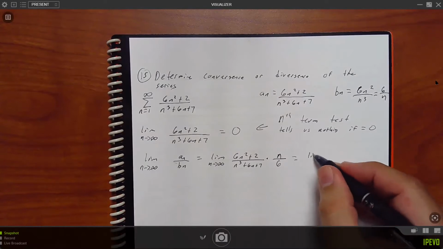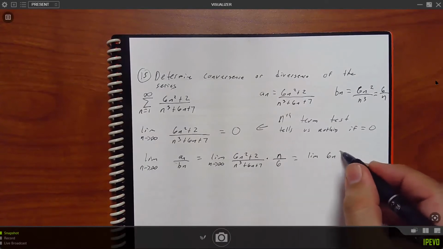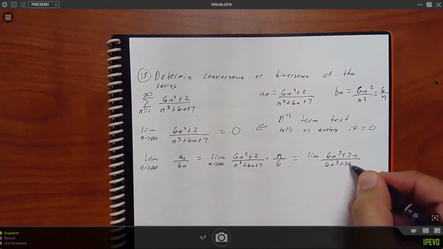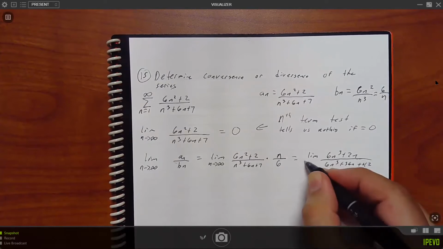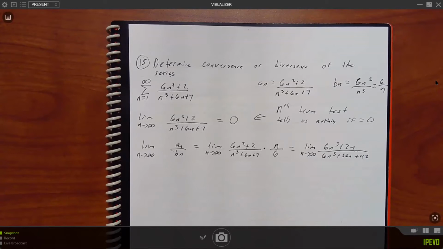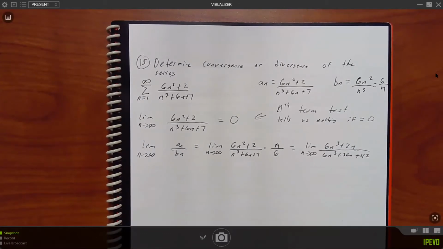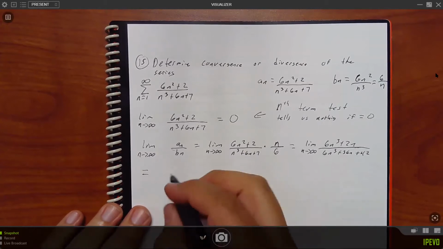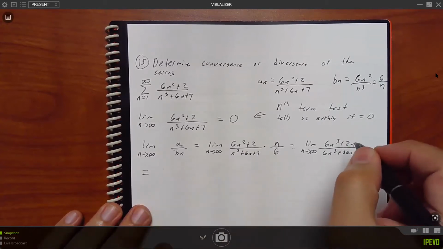That will be the limit of 6n cubed plus 2n over 6n cubed plus 36n plus 42. Right? What is that limit? They're to the same degree, right?